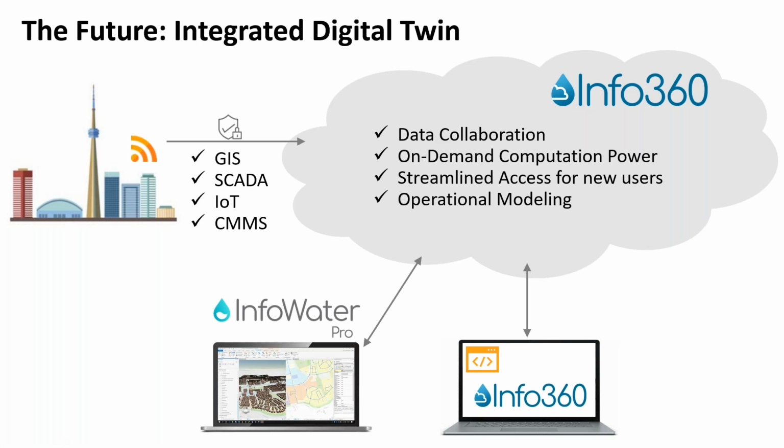More is coming on that later, so stay tuned for InfoWater Pro users. And we can get on-demand computational power. Not available yet fully, but you can imagine if you want to run Fireflow for a large city, every hydrant within the cloud, you could potentially just scale that out to limitless parallel compute engines on demand.